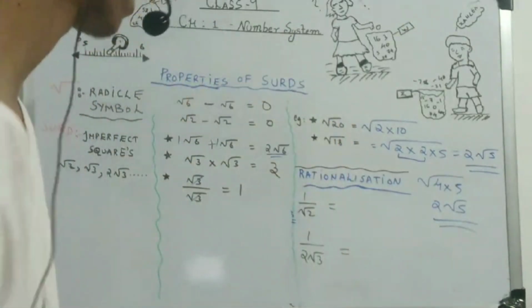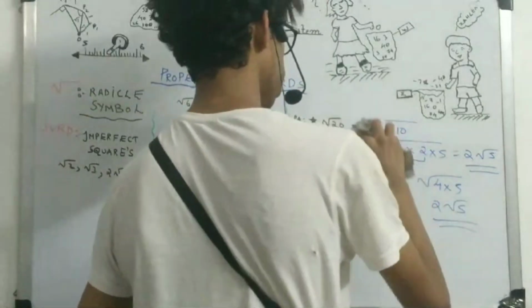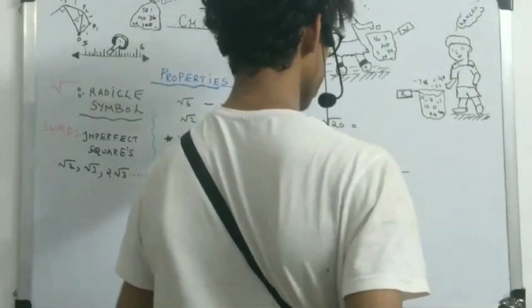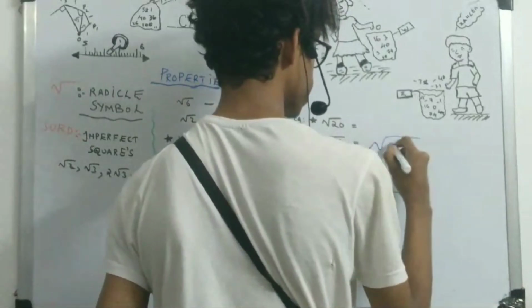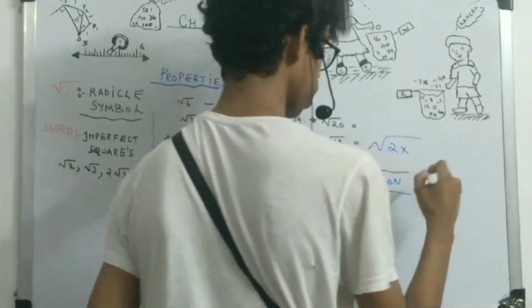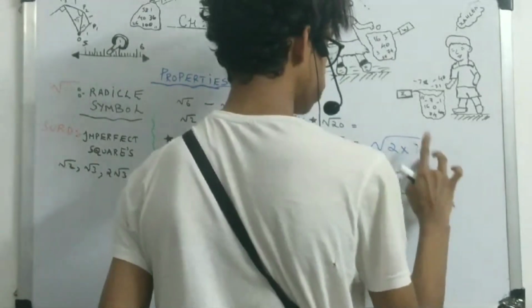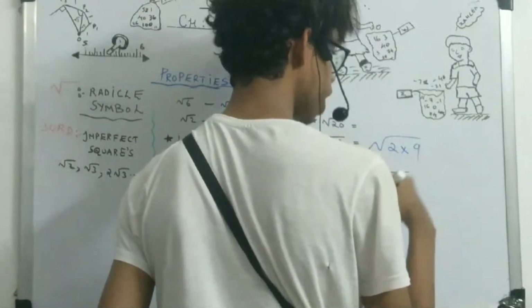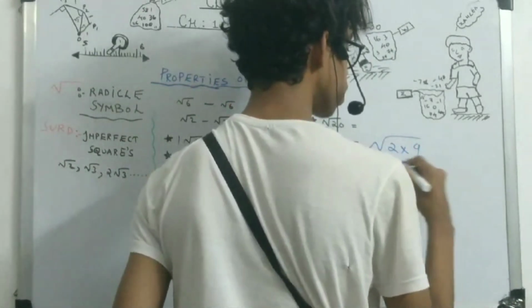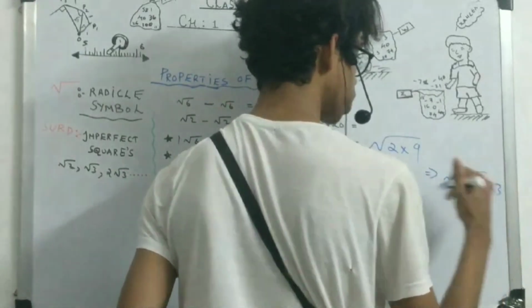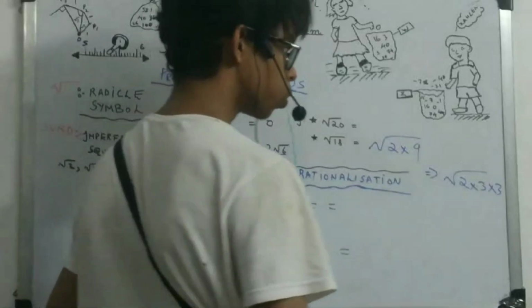Now just see the other example, root 18. How can we split and write root 18? We can write it as 2 into 9, then further write it as 2 into 3 into 3, since 9 can be written as 3 into 3.